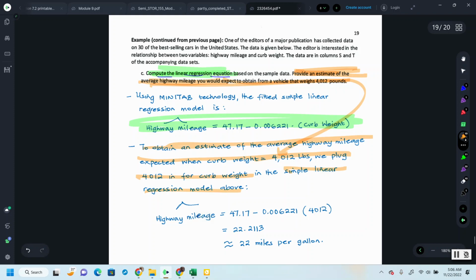So curb weight, set it to 4,012. We multiply that by this value, and the result we subtract from 47.17. That will give about 22.2113. So the predicted highway mileage for a car that weighs 4,012 pounds is about 22 miles per gallon.